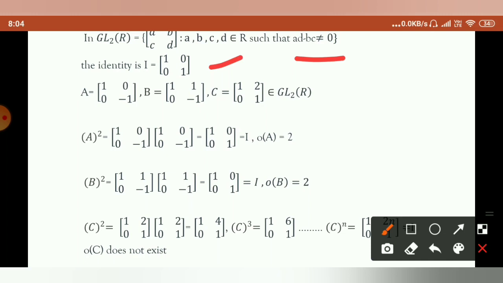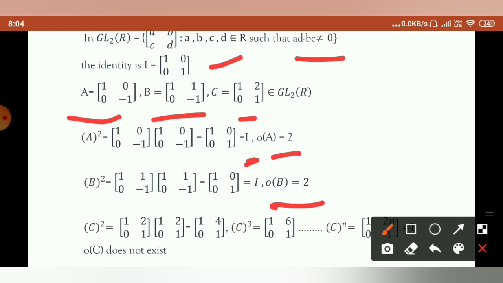Now we have to check the order of a few particular elements like a, b, c. We have taken these three elements from the general linear group. So a multiplied by a, a squared, will give us identity. That means order of a is 2. Similarly, b squared is identity. We can check the product, and therefore order of b is 2.